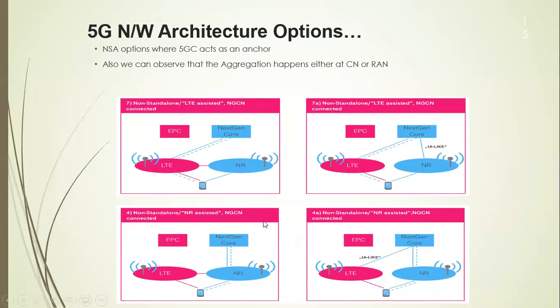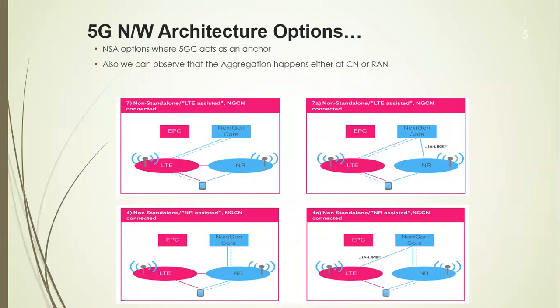In the option 4, the 5G core is there, EPC is not there. The 5G core will have an EPS bearer only with the NR G node B. It will not have any interface with the E node B. As usual, UE will have two RRC connections. All communication, including the signaling part, happens over 5G EPS bearers.